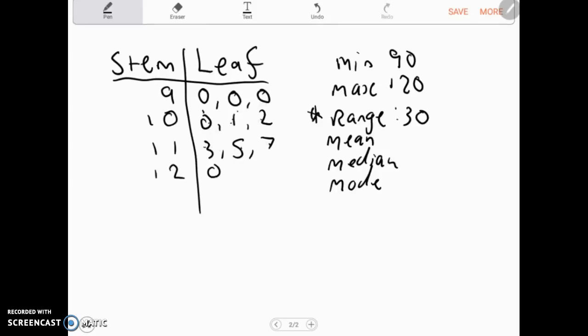Oh, that's nice and easy. Divided by 10 equals 103.8. So our mean is 103.8.